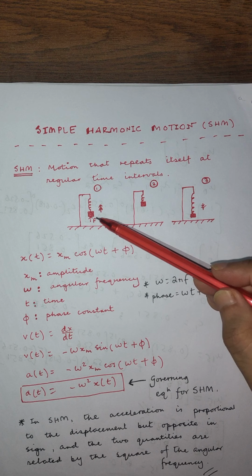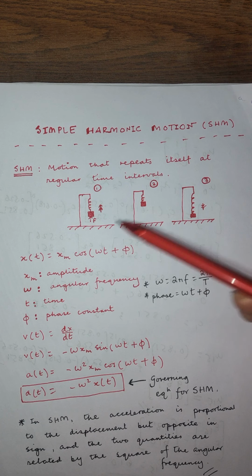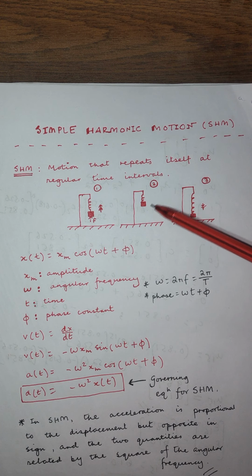So the block would move up, and then it would start moving down. As you can see, it actually came down at some point in time.